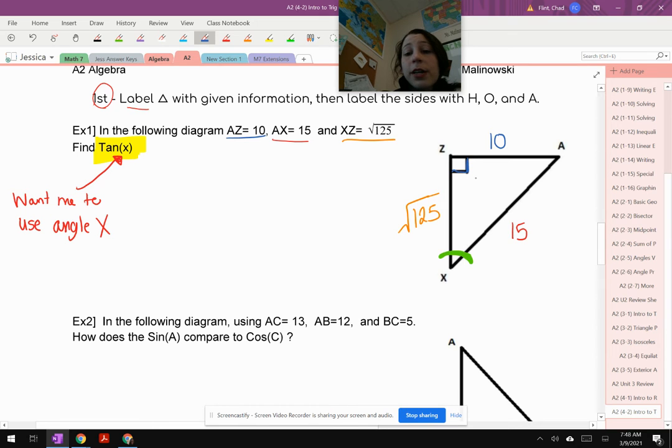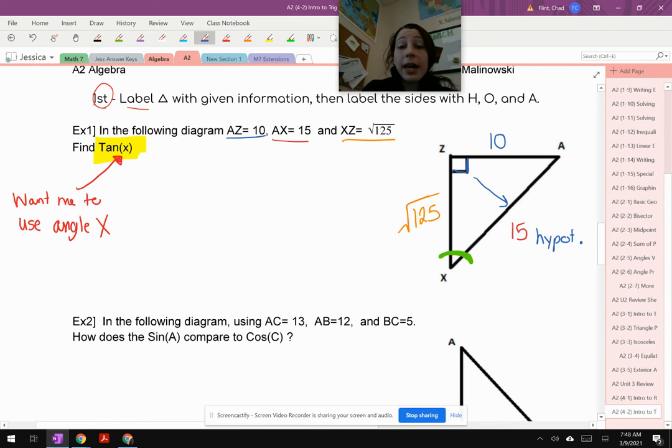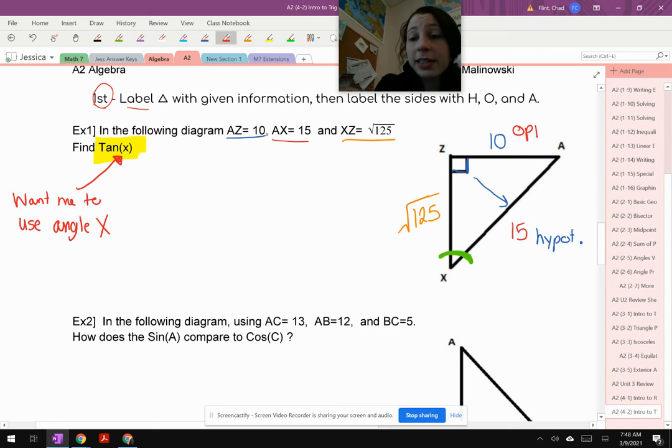So here's my right angle. The hypotenuse would be that 15. So that's my hypotenuse, and I'll just abbreviate that. And then I'm using that angle x to figure out what the other pieces are. Opposite of angle x would be that side AZ. So that 10 is my opposite. And that leaves my remaining XZ side to be the adjacent.